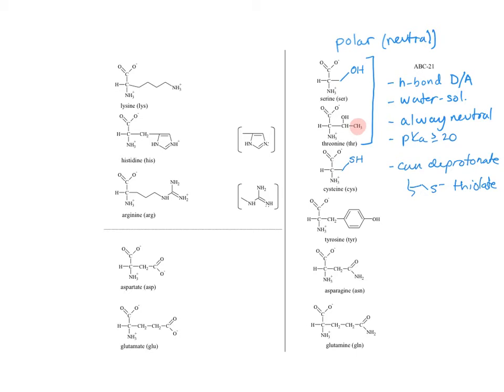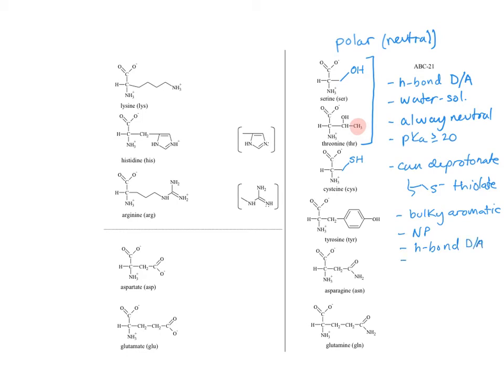Moving on, we have tyrosine. Tyrosine is a bulky aromatic. Sometimes people throw it into the same group as phenylalanine and tryptophan, because it does have a certain nonpolar character about it. But the presence of the alcohol on the phenyl ring means it's somewhat polar, and you can even have hydrogen bond donor and acceptor with that group.